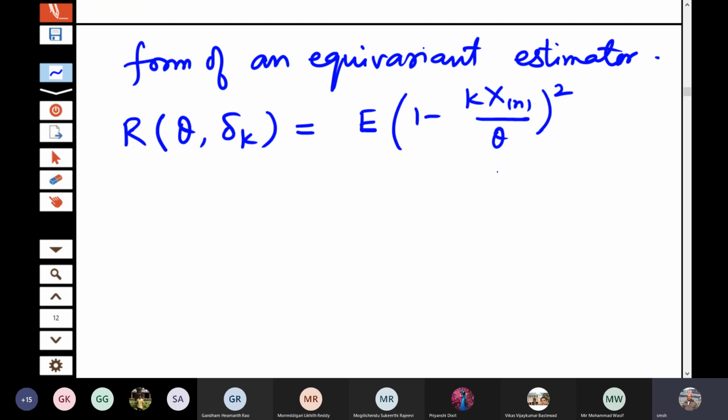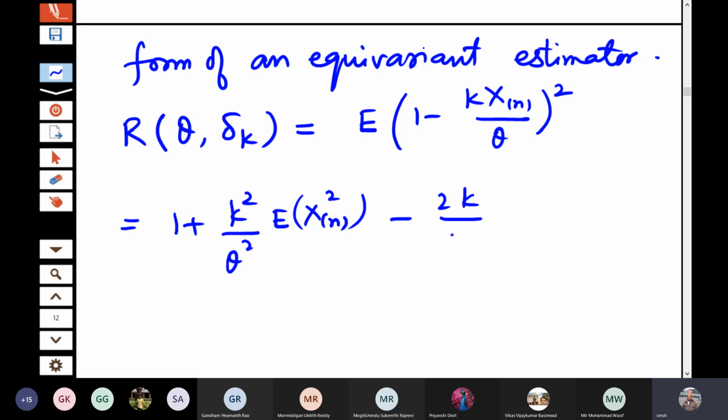Of course, we can write the expression and then minimize, or we can minimize first and then write the expression. Both ways it is all right. So let us just write it here. This is equal to 1 plus k square by theta square expectation of xn square minus 2k by theta expectation of xn.